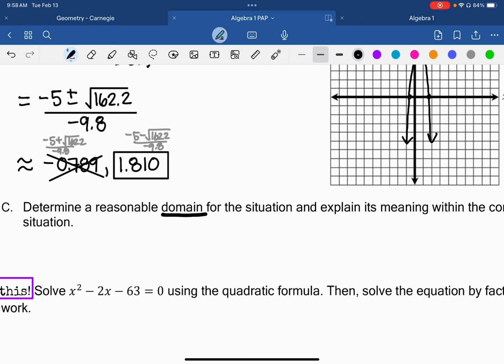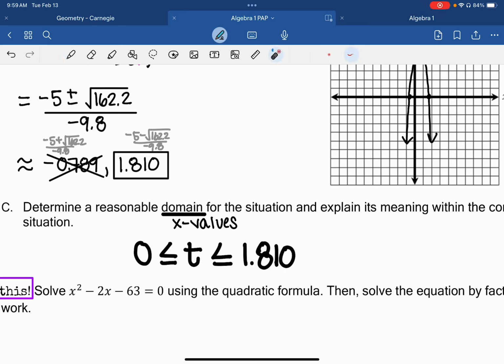My domain, remember, my domain are my x values. So I'm going to use my answer from right up above. No, wait, but the negative one doesn't make sense. So I'm going to replace the negative with 0, because that would be the time that I am going to launch the ball.